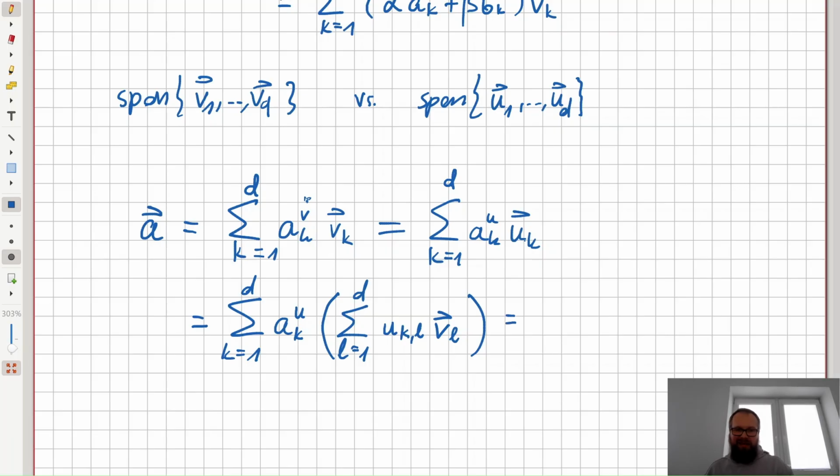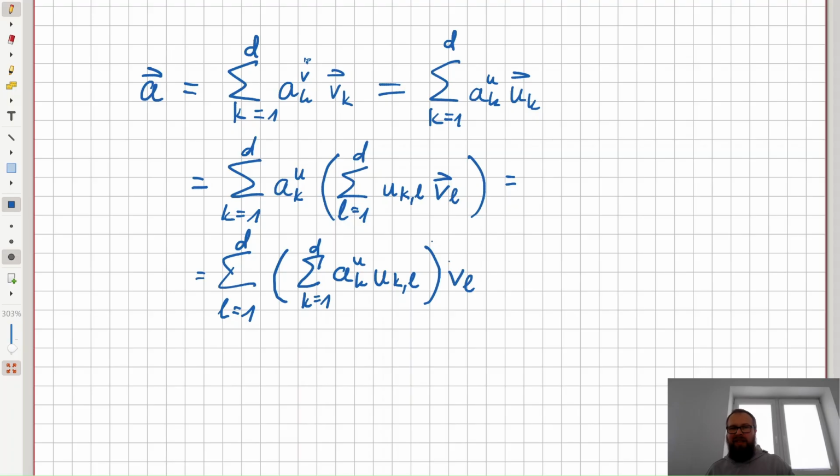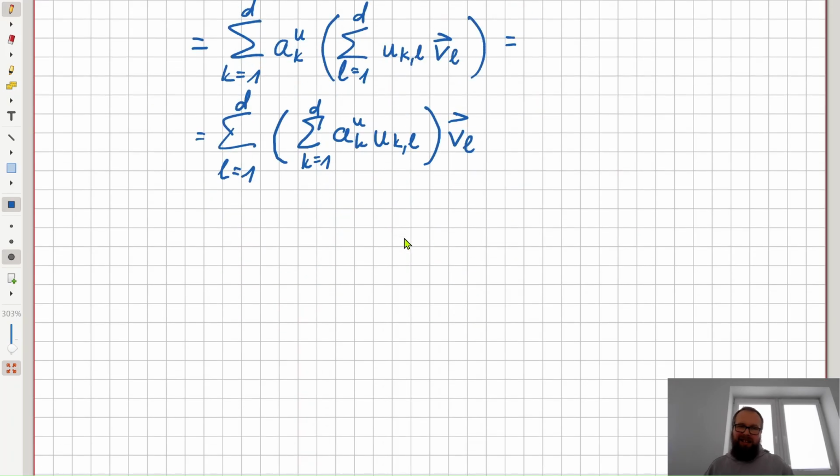And this I can just rearrange and write it as the sum over L from 1 to D, sum over K from 1 to D, A_K^U U_K^L V_L. All right? And because of the uniqueness of the decompositions, we get the formula for basis transformation of vector coefficients.